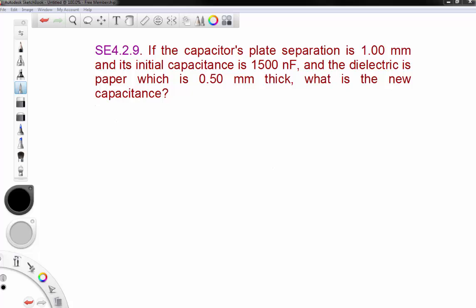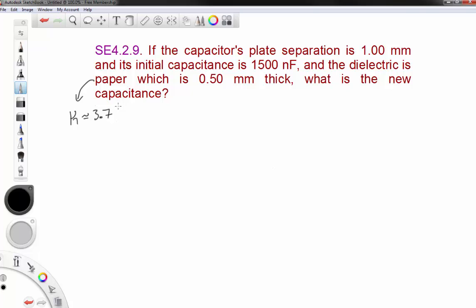Okay, the question is, suppose now that we're told that the dielectric is paper. Paper, for what it's worth, if you look back on that table, kappa is something like 3.7. And we're again placing it so that it's in contact with one side, not placing it in the middle.